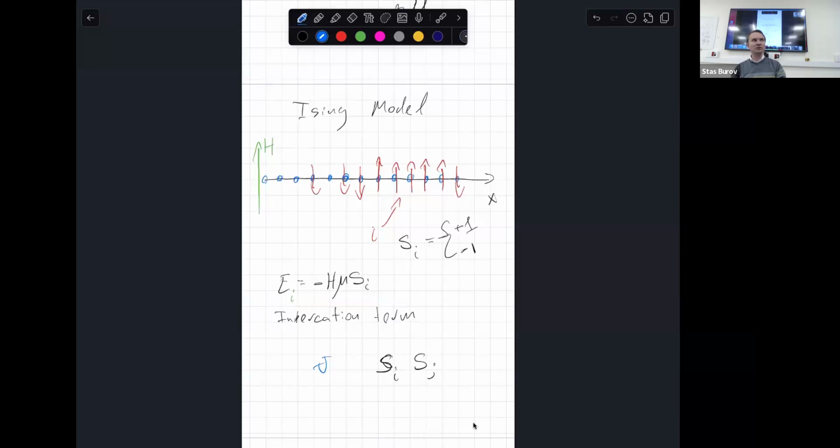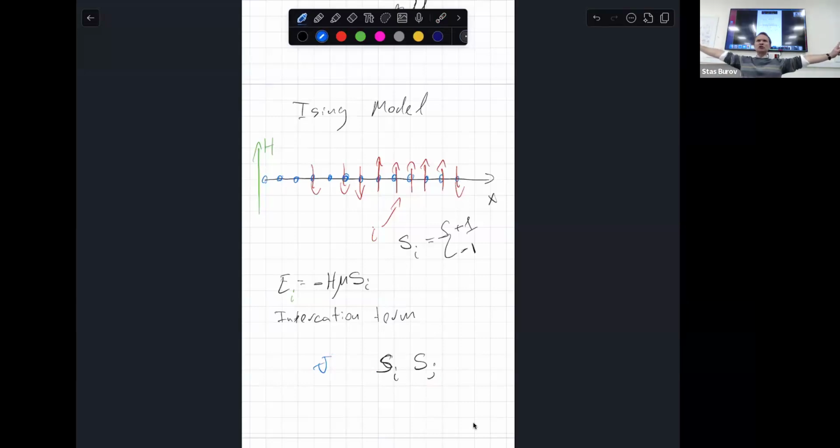We want to take two spins and multiply their values, and this will be proportional to the interaction energy of those two spins. So we have Si multiplied by Sj, and here we'll have some prefactor that will depend on the distance between them.